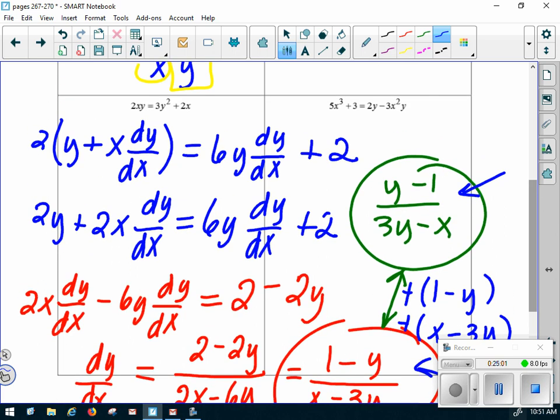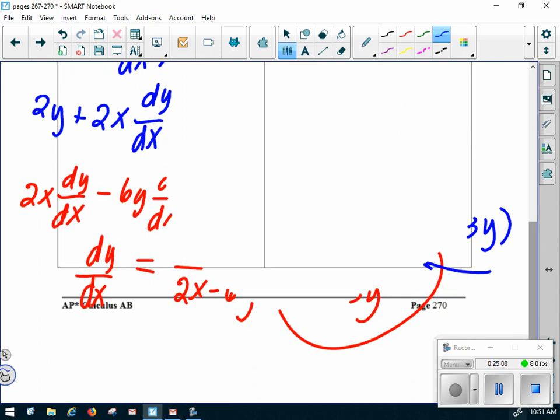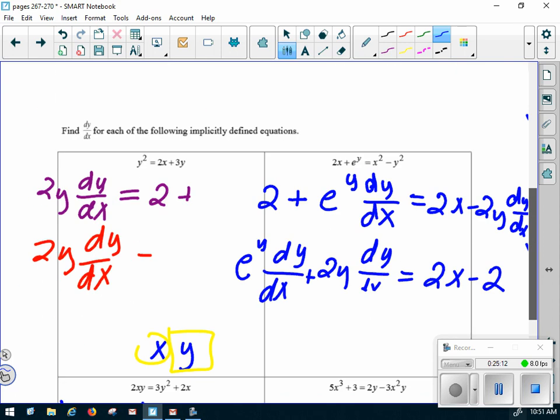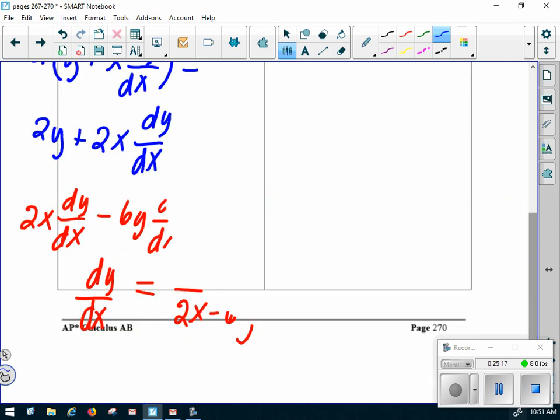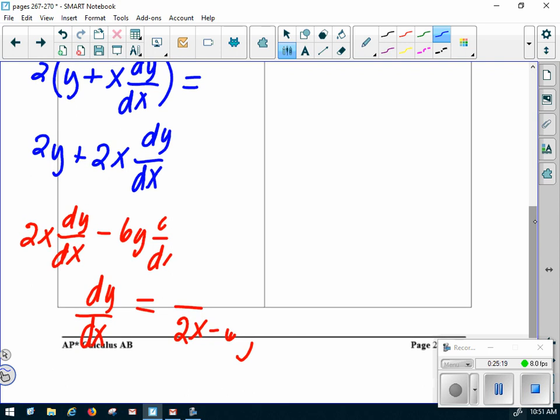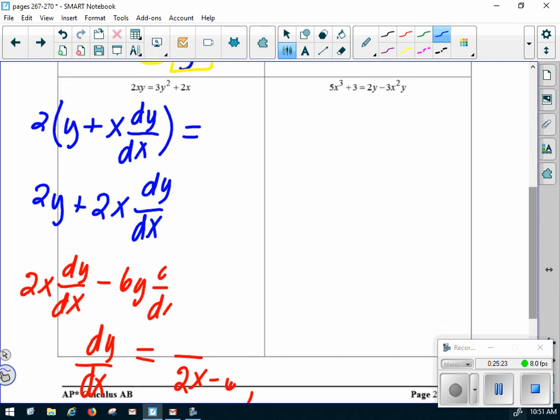We have this one to do still. Okay, let's take the derivative. I need more room.